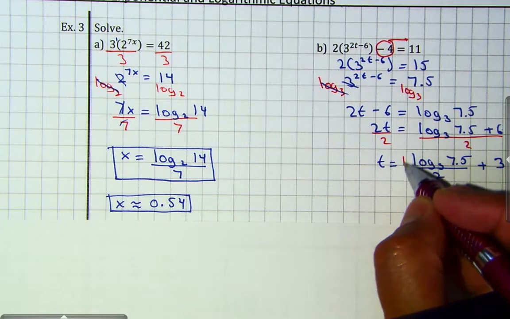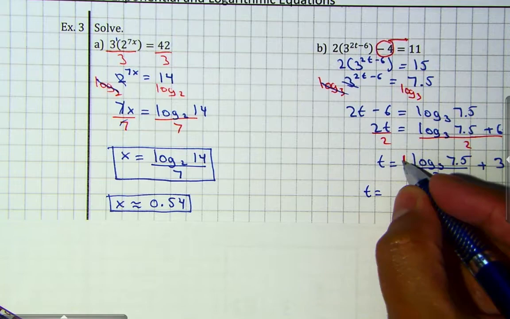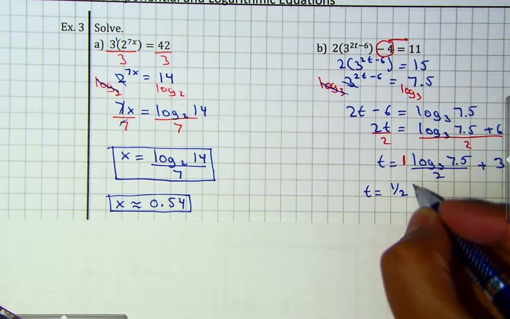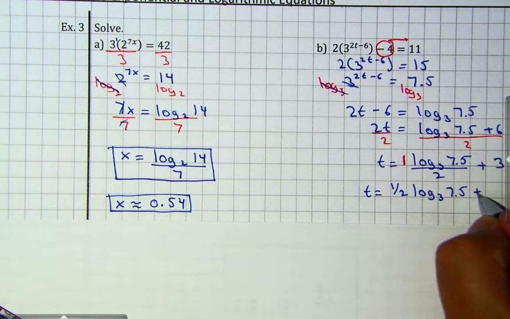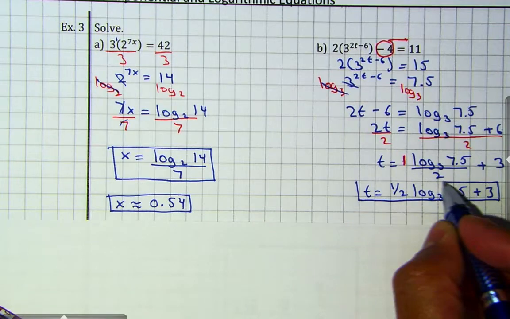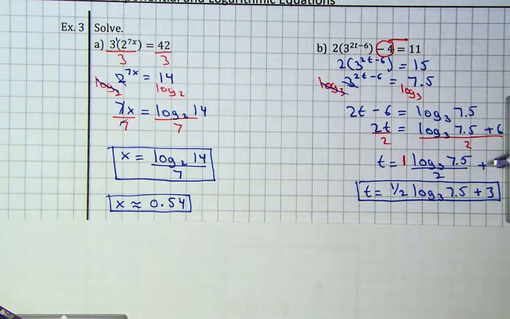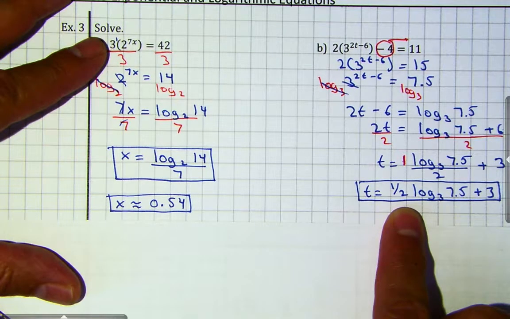There's a coefficient of 1/2. Do you agree? So t equals 1/2 the log base 3 of 7.5 plus 3. So you probably will see it in this form, and notice that's a little nicer than this form, correct? So this will be the preferred way to write it down.